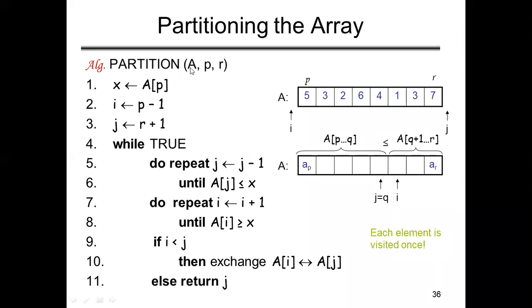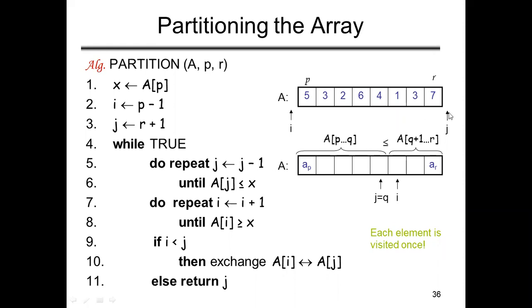So PARTITION(A, P, R), where P is the lower bound and R is the upper bound of the array A. P is assigned to X, so we are taking X. P minus 1 is assigned to I and R plus 1 is assigned to J. While true, do repeat J equal to J minus 1.